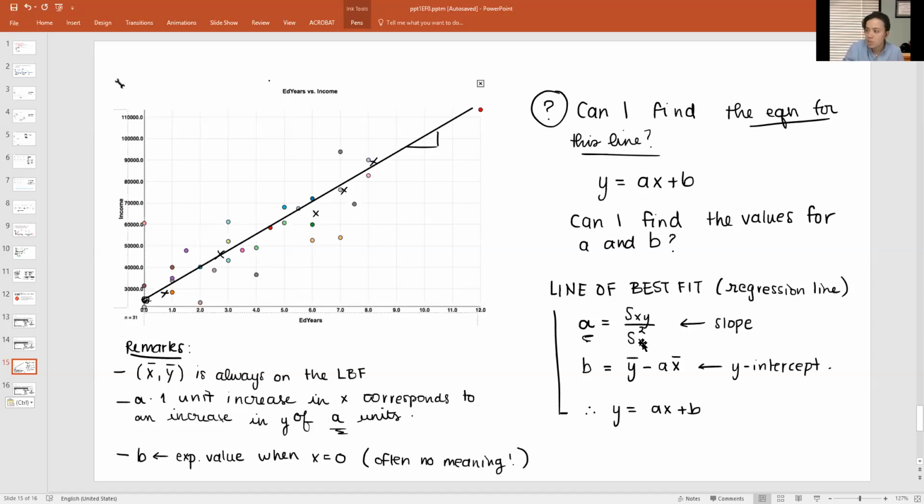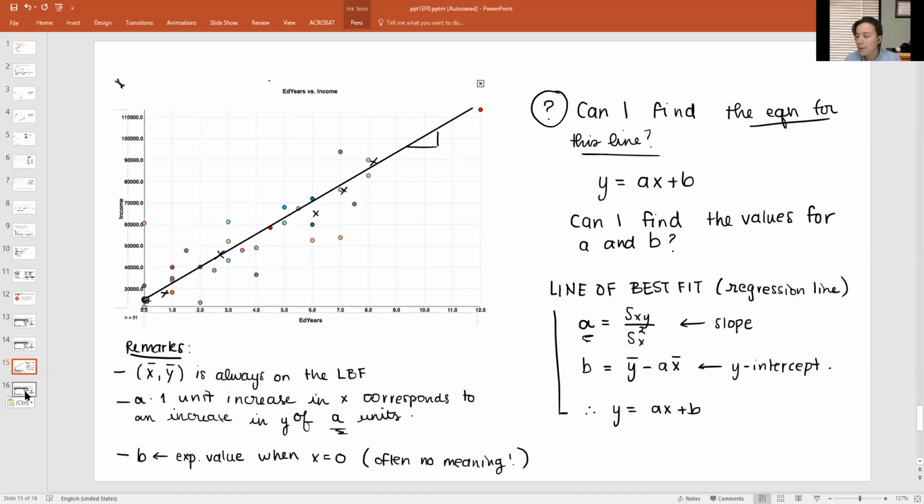So the top is the covariance between x and y, and the denominator is the standard deviation of x, the whole thing squared. Is that okay, Olivia? Yes, thank you. Yeah, okay, good.